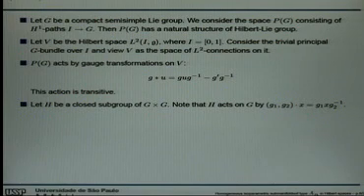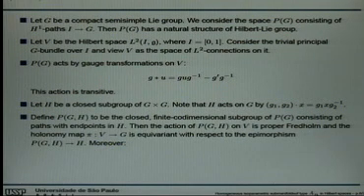This action is isometric, of course. And then PG of H is the closed finite codimensional subgroup consisting of paths with endpoints in H. So we restrict the action of PG to PG of H, and this action is isometric, smooth, proper, and Fredholm.